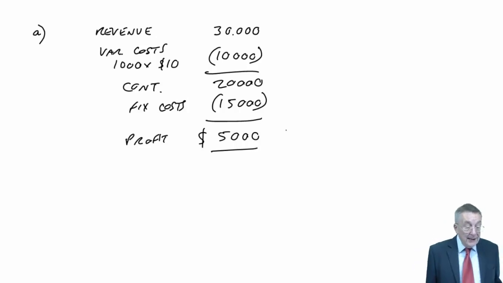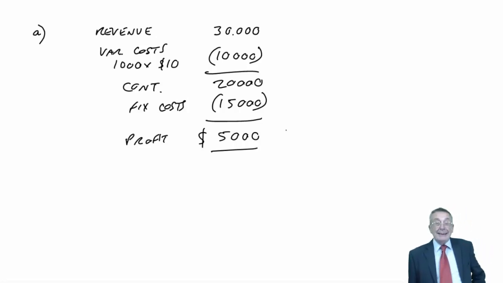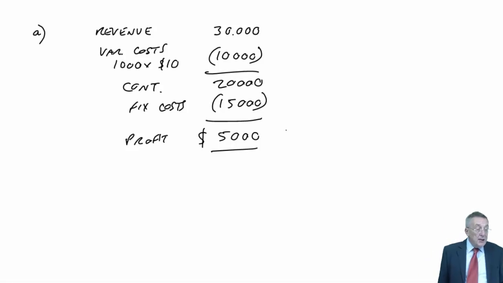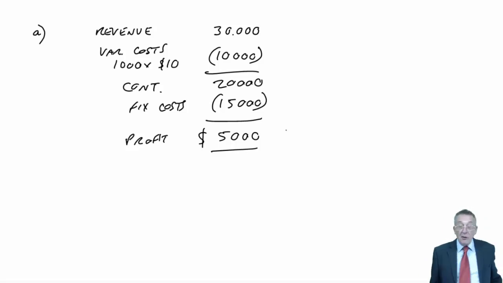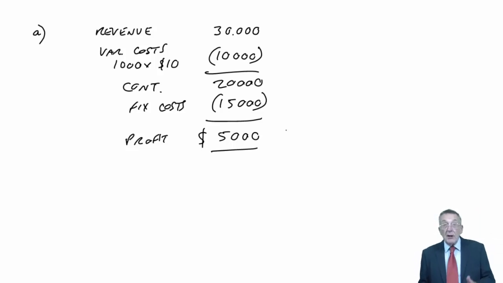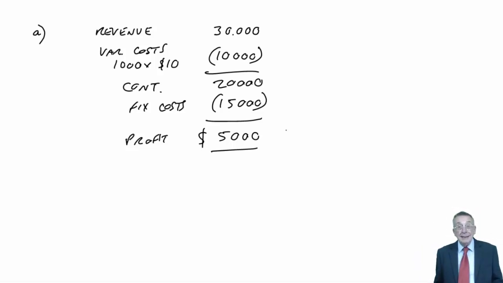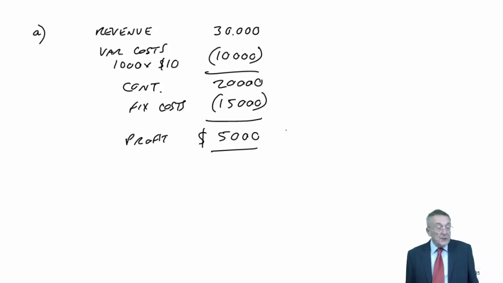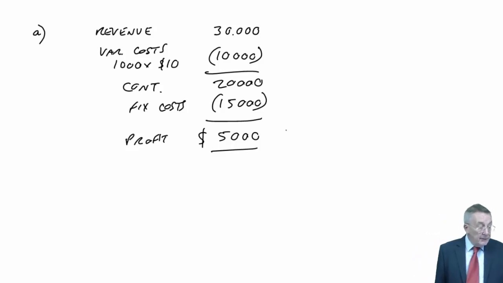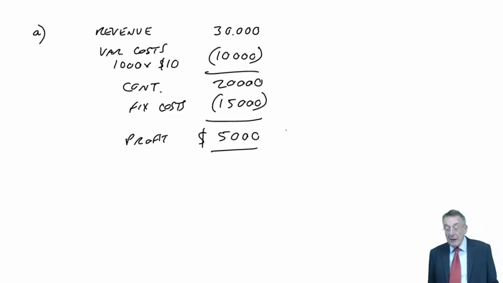However, the only problem is, in practice, that all those figures are just estimates. If the estimates are correct, the revenue really is 30,000, the fixed costs are 15,000 and so on, then this is profitable and we should go ahead. But what happens if it turns out any of those estimates are wrong? Obviously, you can never estimate perfectly.